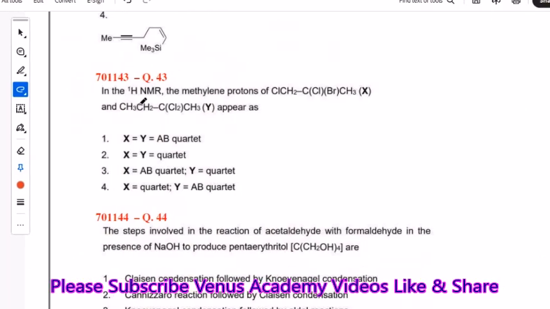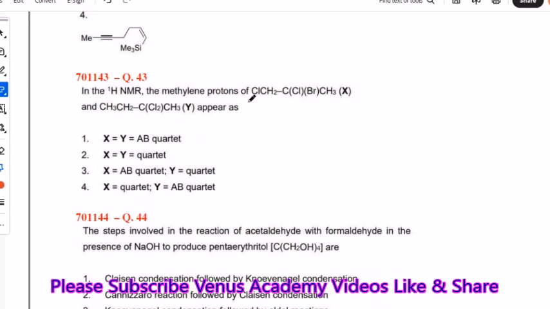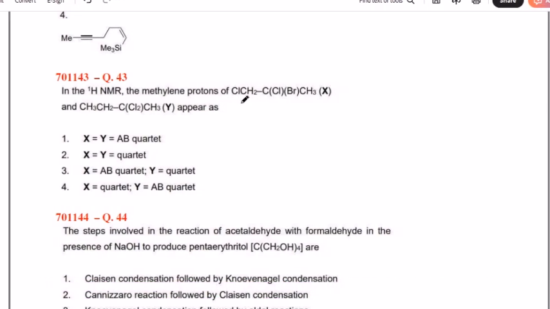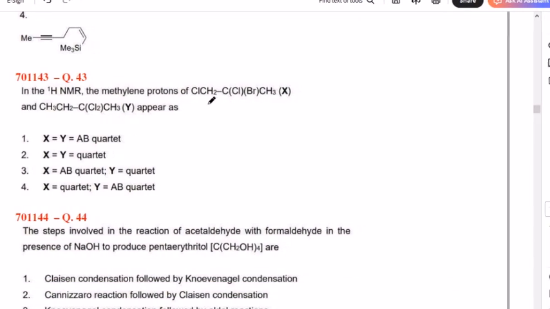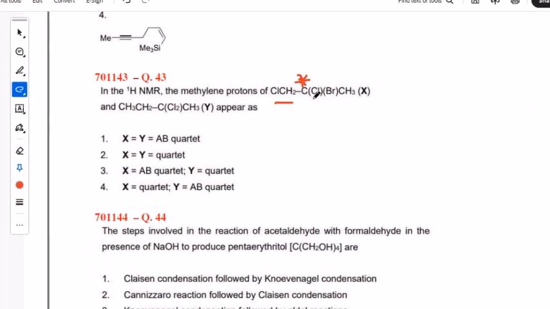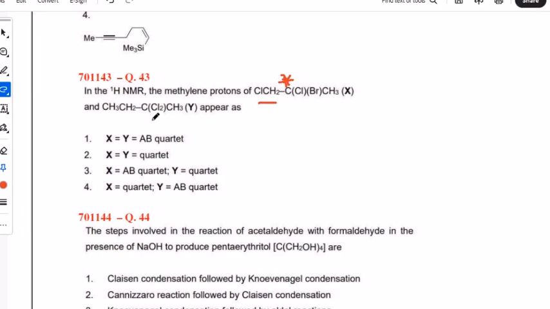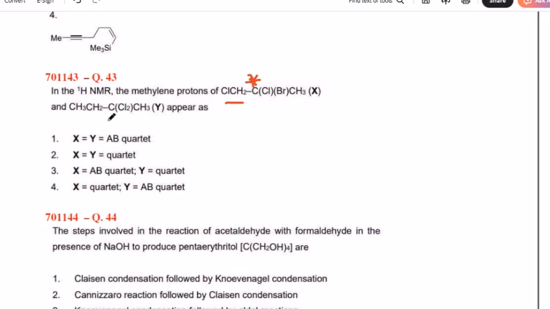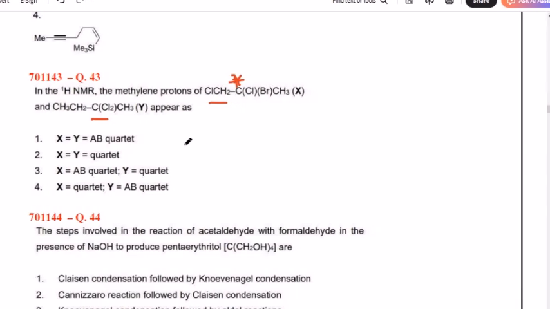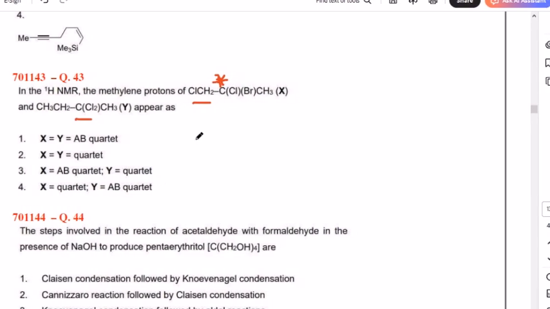Next, proton NMR, the methylene protons of this chloro compound. This is a chiral compound X, and this is a dichloro compound, so achiral, not chiral. Let us see what is going to happen.